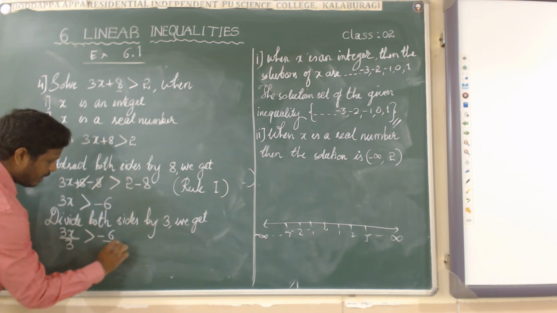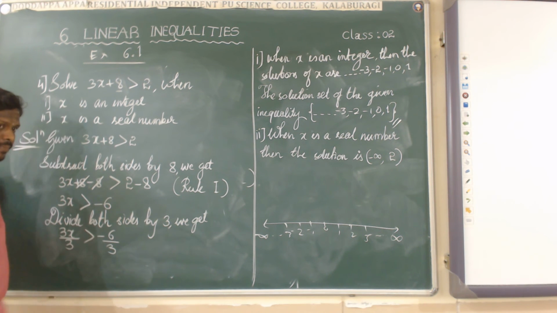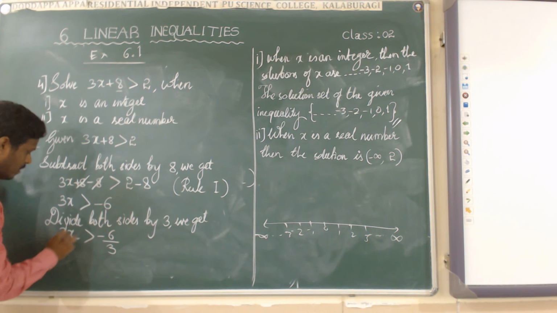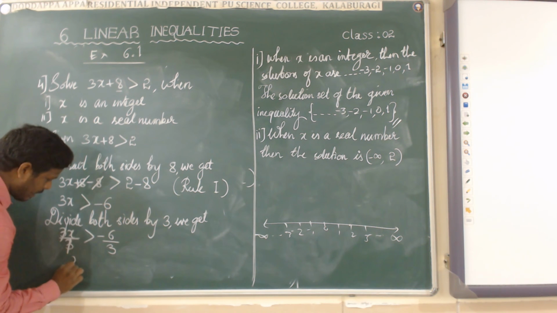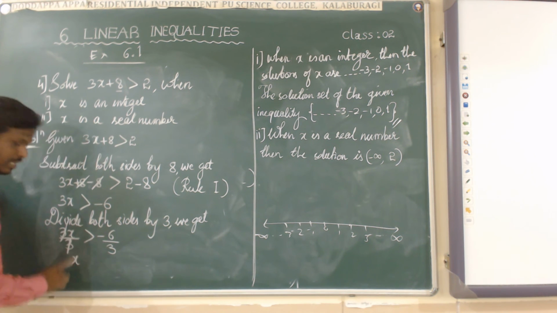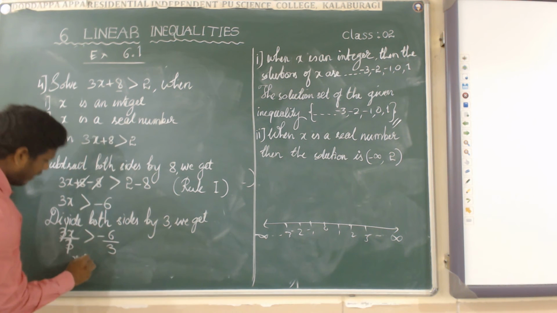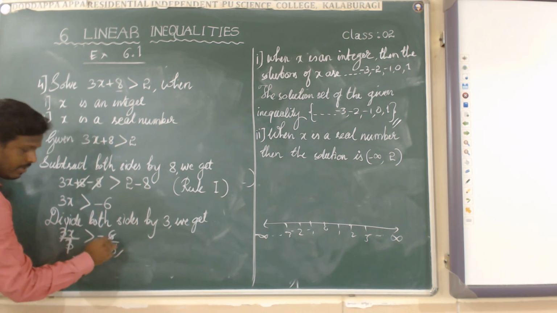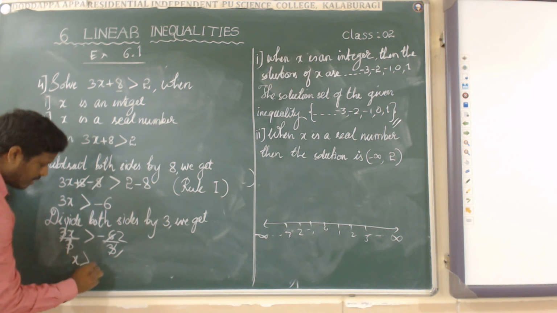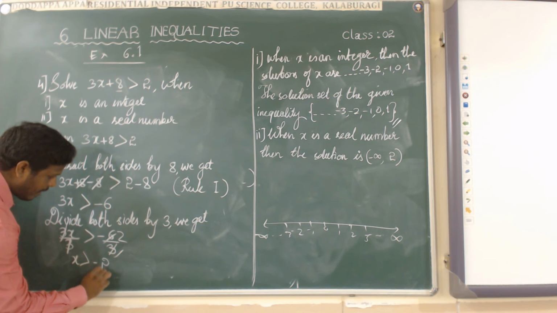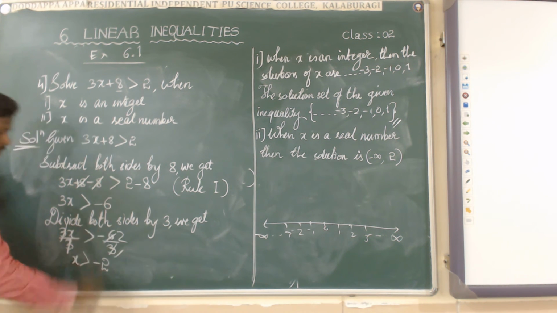Minus 6 by 3. Simplify, the 3 will go. Now we get the coefficient of x as 1. 3 ones are 3, 3 twos are 6, so again we get minus 2.